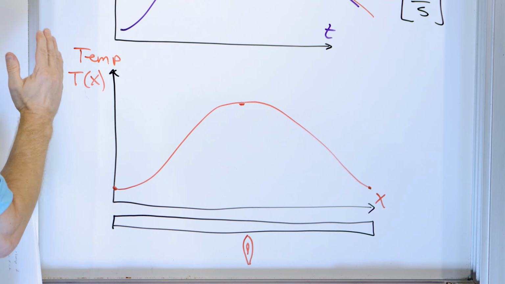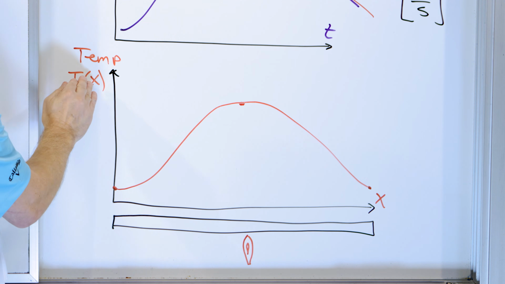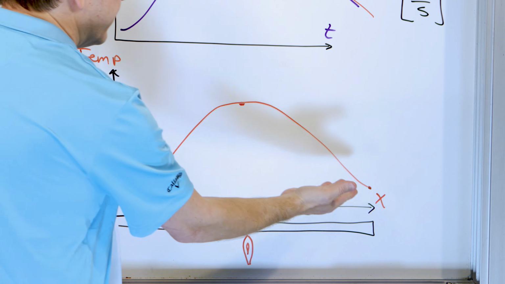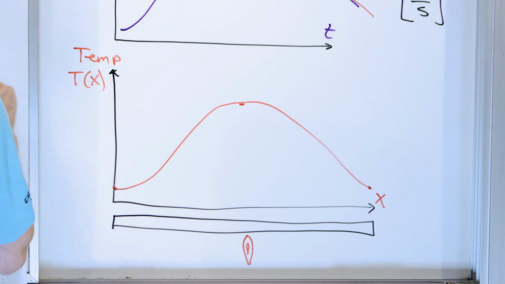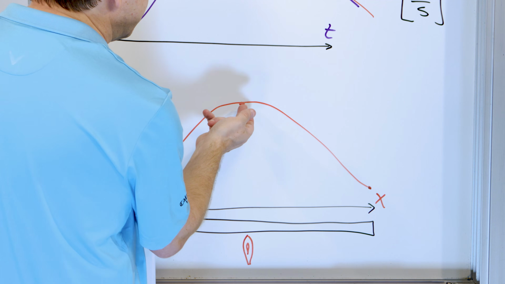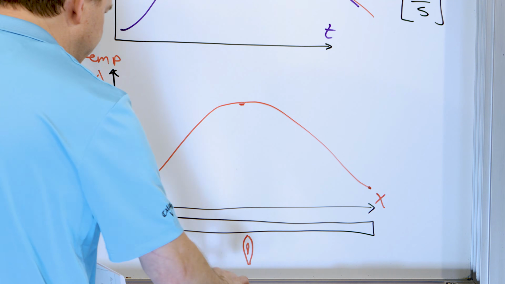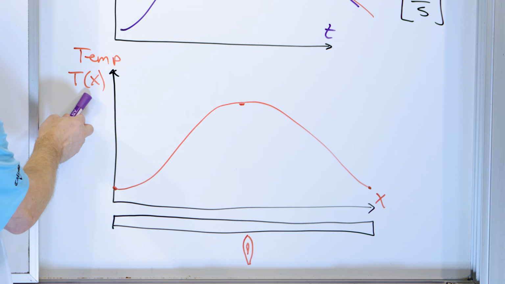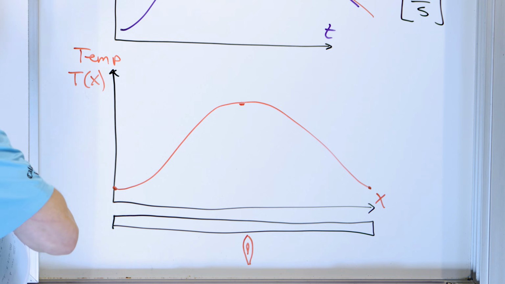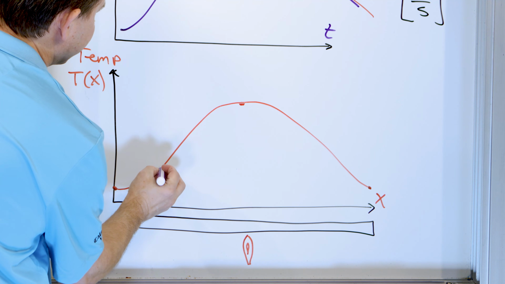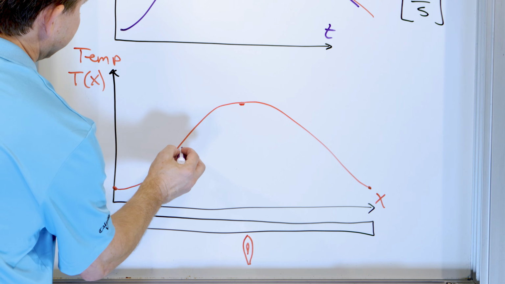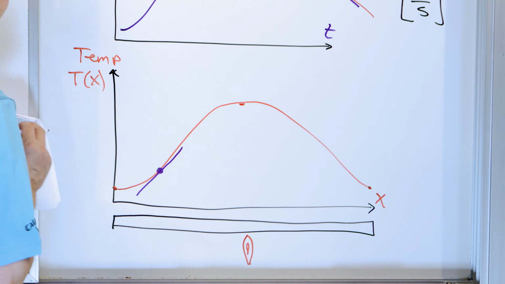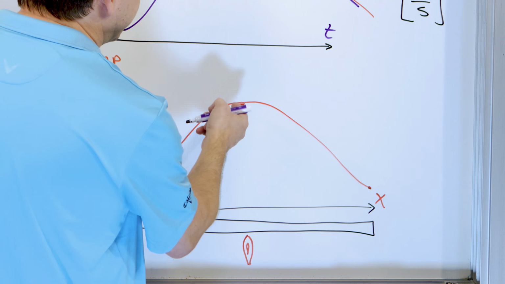So if you were studying something like this, where it was temperature as a function of distance, which means meters, and you had a flame in the center and this was hot and these were cold, what if I asked you, what is the derivative of this curve at this point right here? Well, then you would draw a line tangent to the graph and ask, what is its slope? And what if I said, what is the derivative over here?